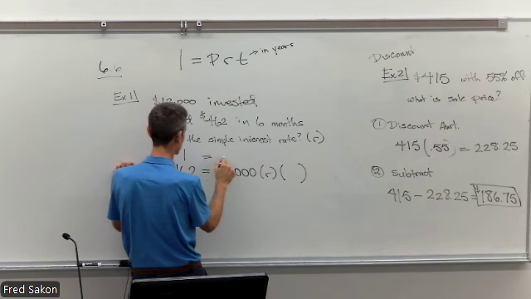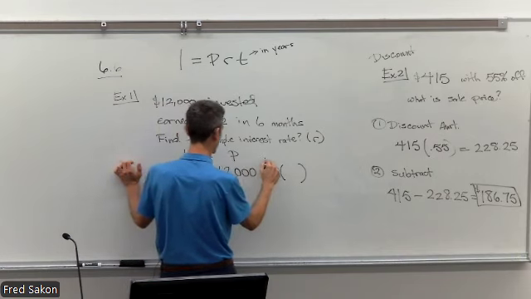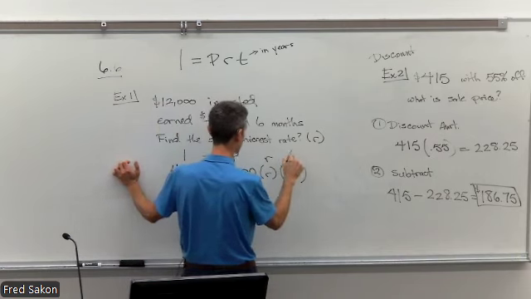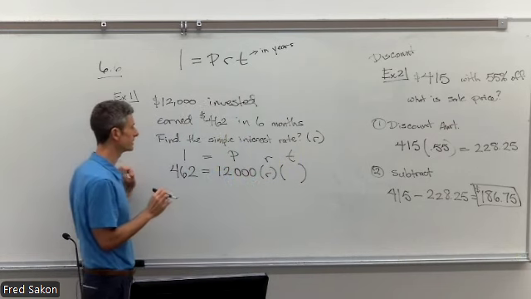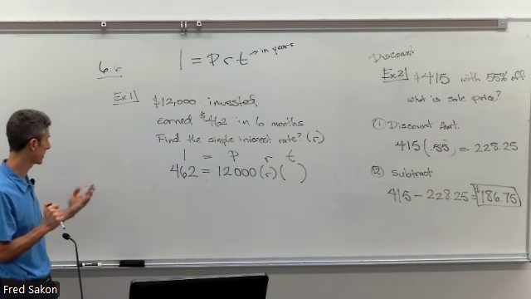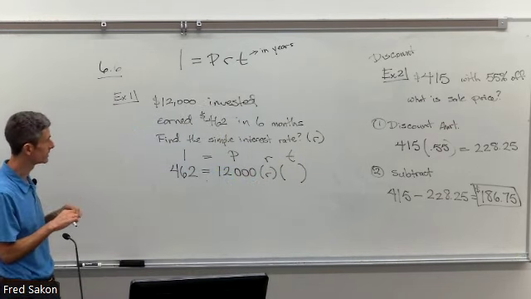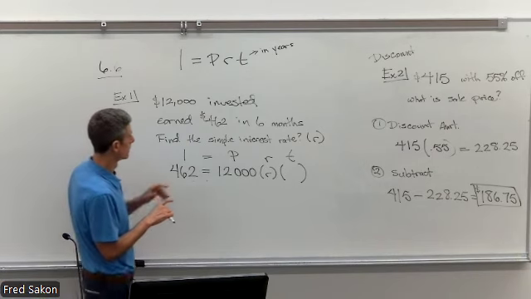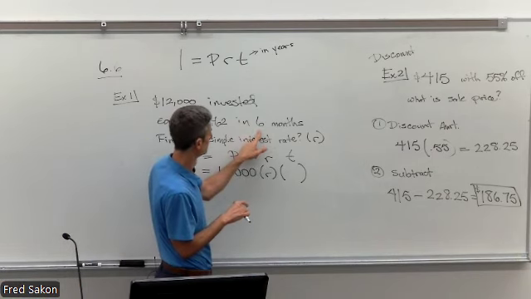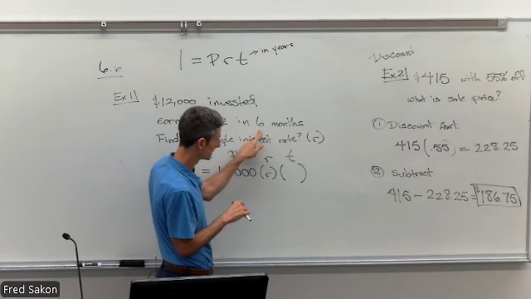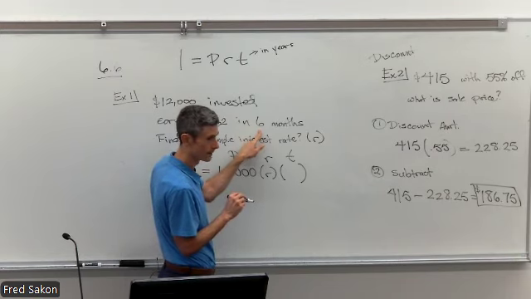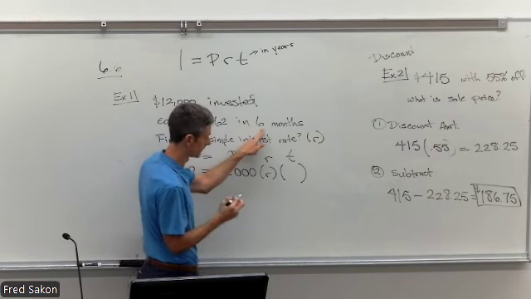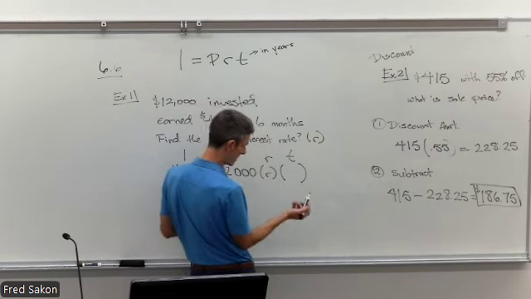Interest equals principal times rate times time. Time needs to be in terms of years. How much of a year or years did we invest in? 6 months. How much of a year is that? Half.